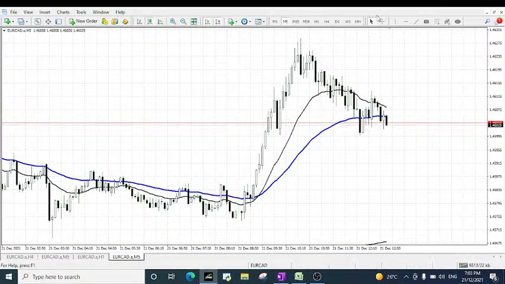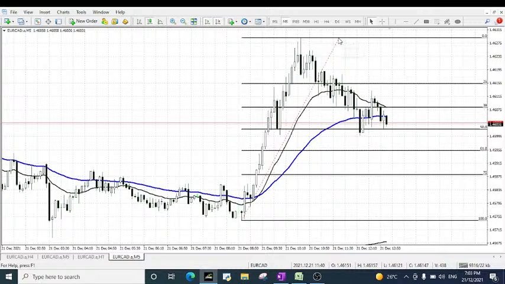So when you have a strong push, put your fibs in, then you can decide where to get involved. I've traded this pair before.